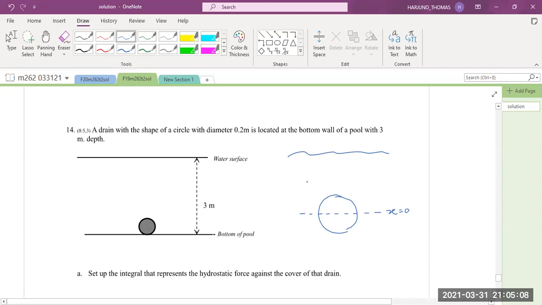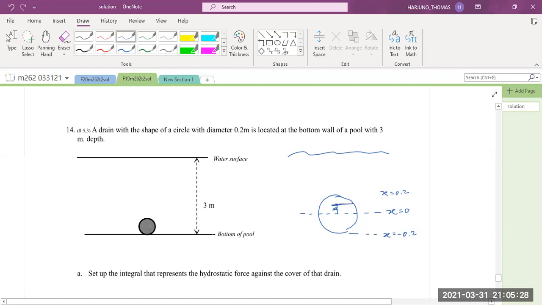Let's say my x goes in that direction. So this is my x. So my x will be from negative 0.2 up to 0.2, right?